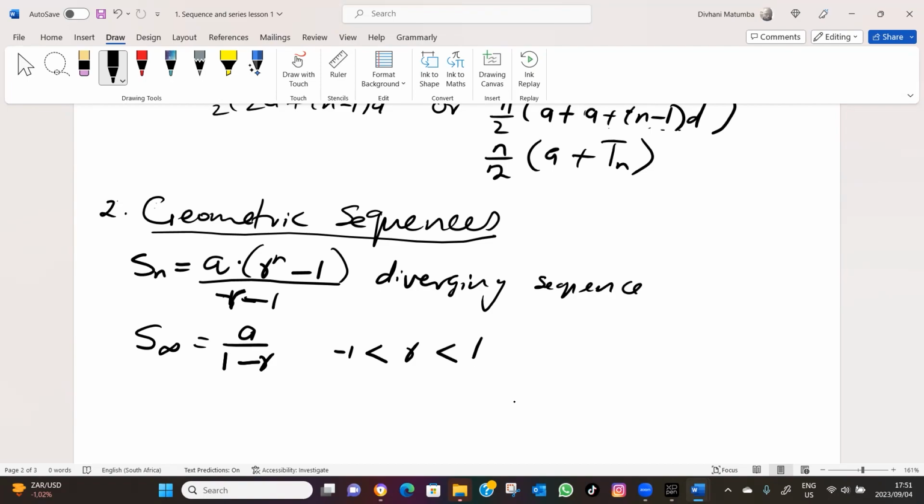So if your value of r is a fraction, it means your function will converge. This is a diverging function, and this is a converging function. At some point, this function will converge with the asymptote.